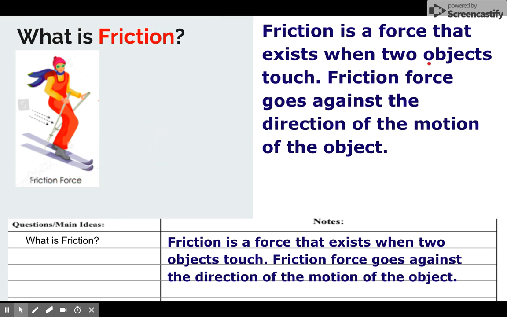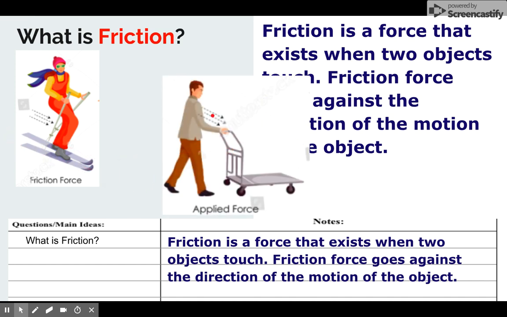It's a force that when two objects touch, they create a force against each other, and then it's called friction. And that force goes against the direction of the motion of the object. So, for example, if the guy is sliding downhill on a mountain, the force would be on the opposite direction, going this way. So in this case, when the guy is applying a force on the cart, friction is going in the opposite direction.